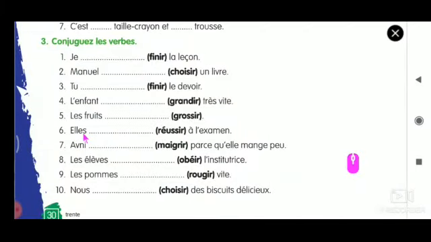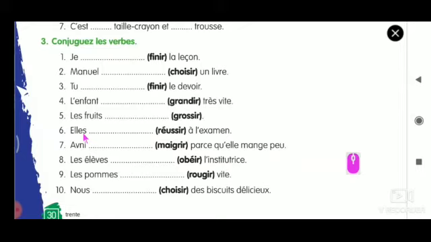Okay, let's continue with number 6. Elle dash réussir à l'examen. Réussir is an IR verb, a second group verb. So what is the ending? What we have learnt now is we have to see the subject. The subject is elles, third person plural.